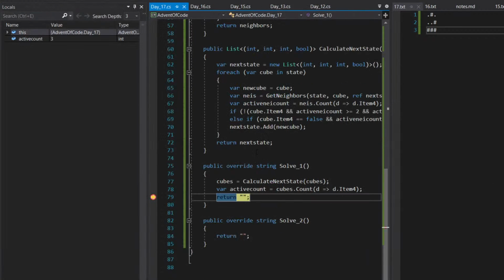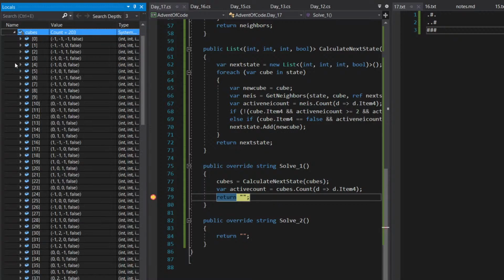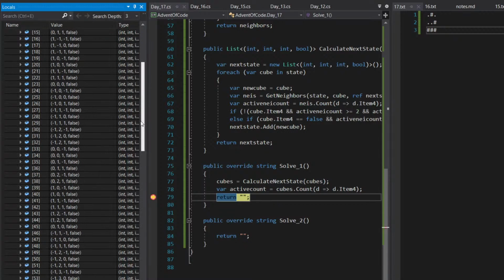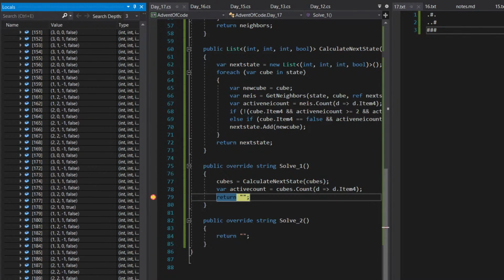And why is my active count only 3? It should be much higher. Which ones say true? Ooh, that's hard to check.